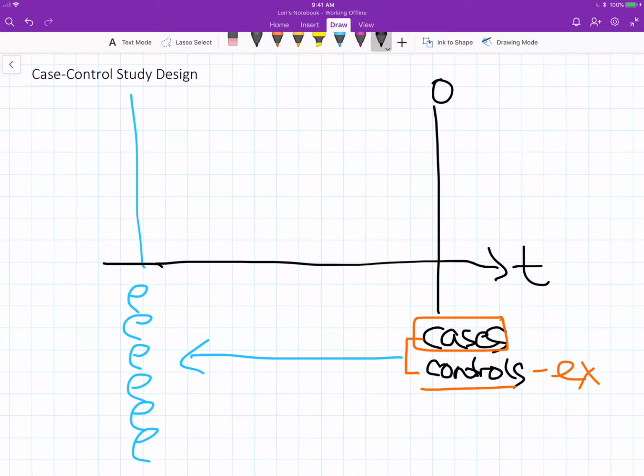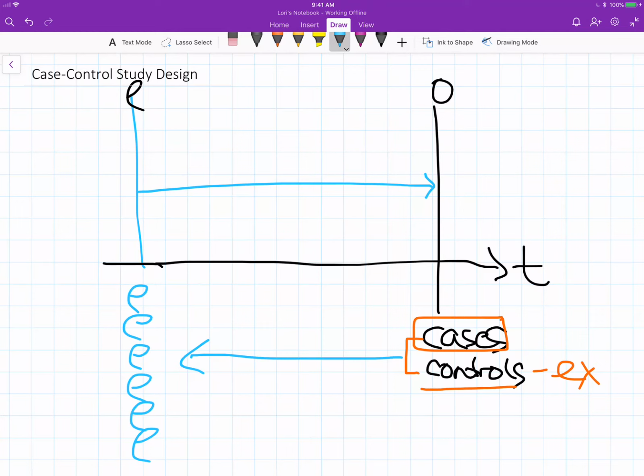Let me extend our line there a little bit. So here, if we have our exposure, this amount of time in between the exposure and the outcome needs to be long enough so that the disease could have time to develop.